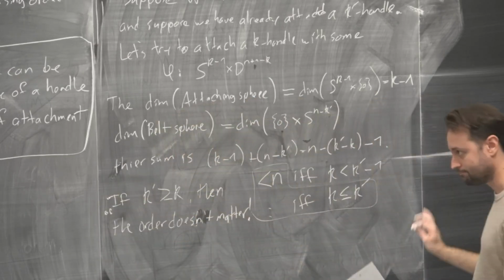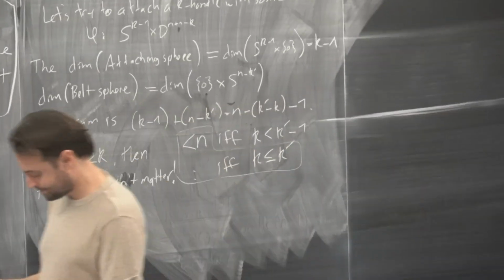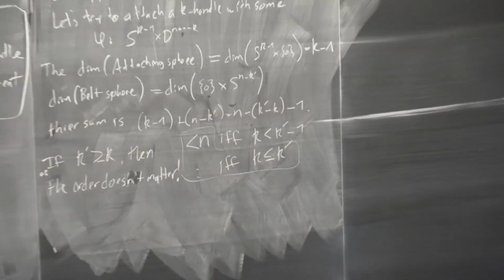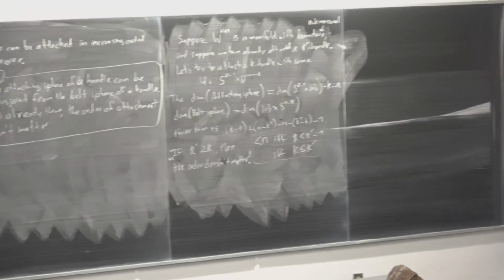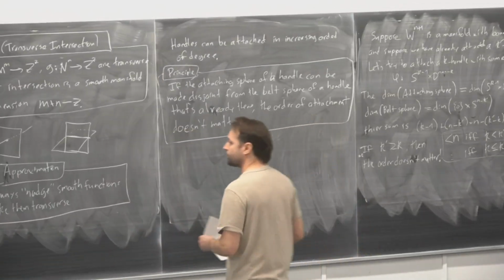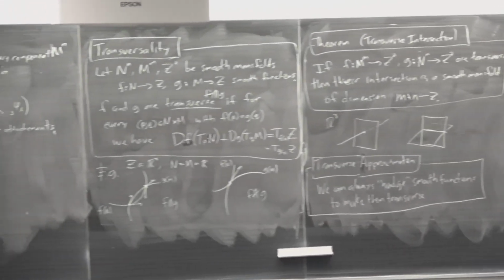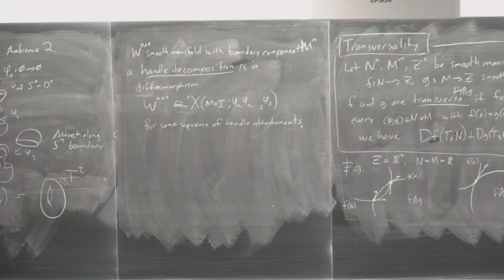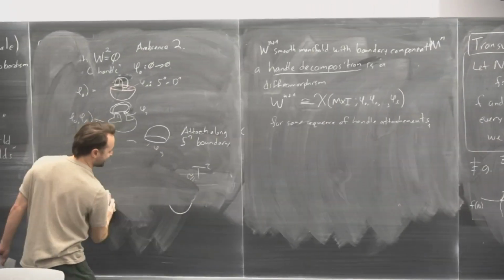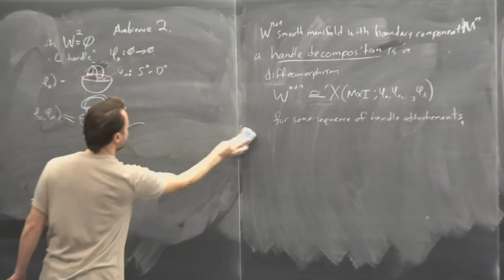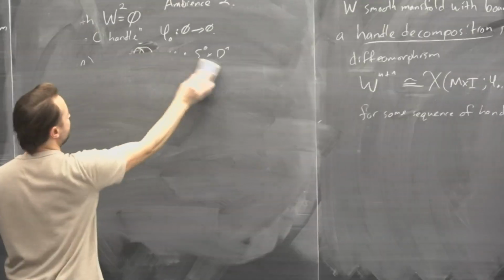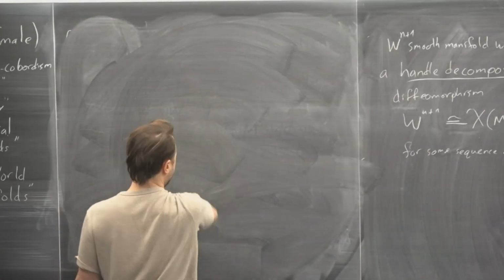That was just a technical thing that we had to make sure of, that we can always attach them in order, so that this is going to let us actually define a boundary operator on a chain complex. Because all of our k handles, we know that we can arrange so that they are attached onto all of our k minus 1 handles.